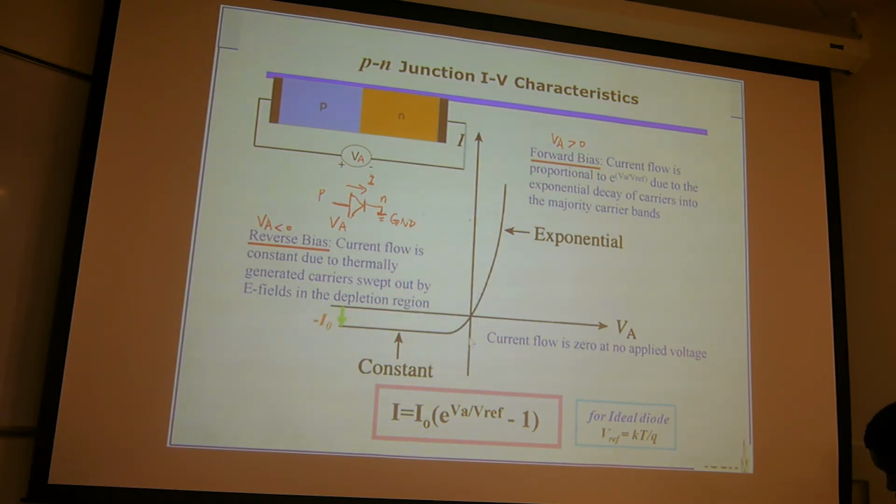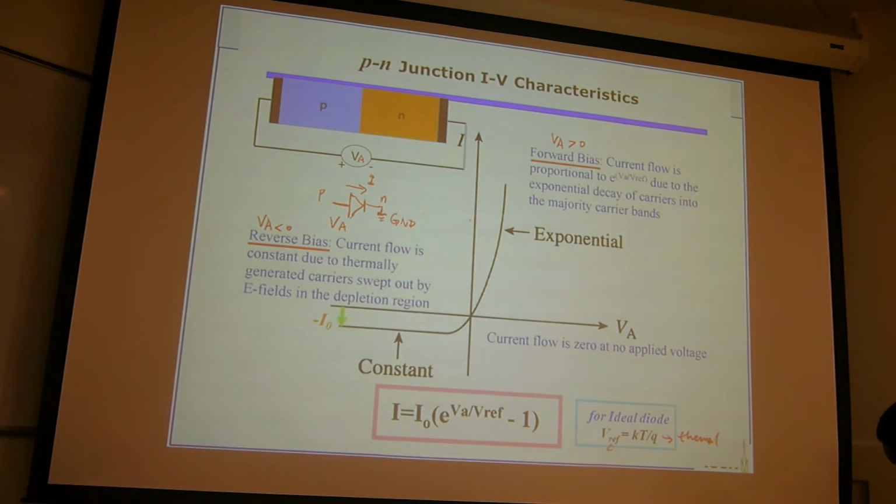If you write the equation for this IV relationship, the current flowing through the PN junction equals I0, which is a constant, or more like a coefficient, multiplied by the exponential of VA, your applied voltage to the P side, divided by Vref, where Vref is kT over q, the thermal voltage.